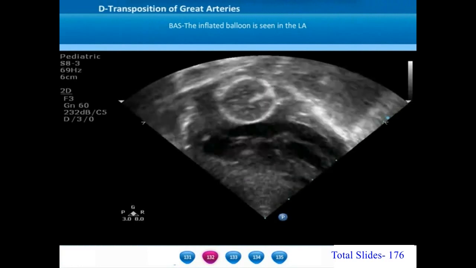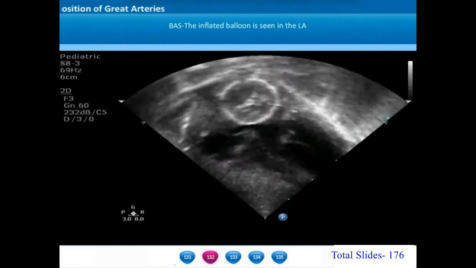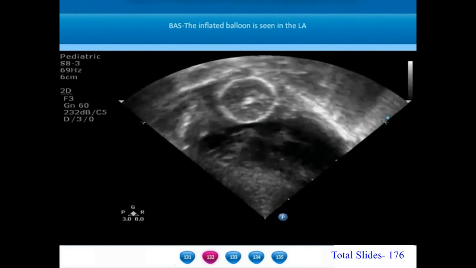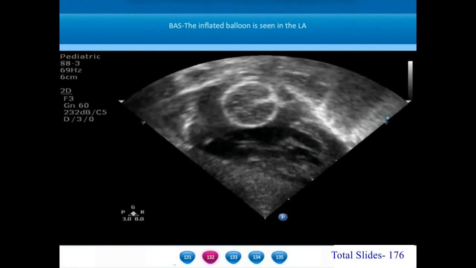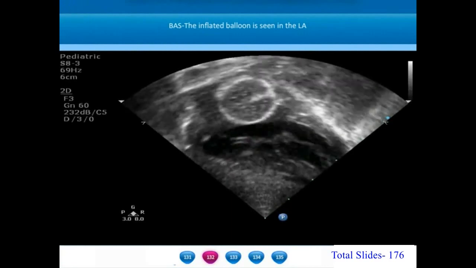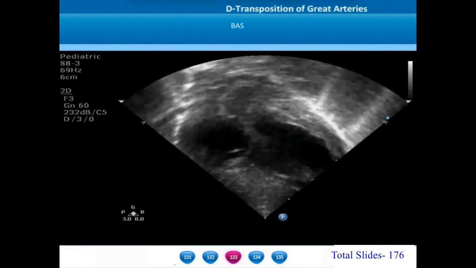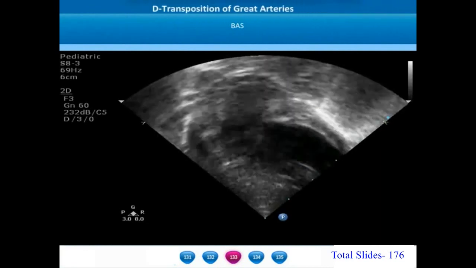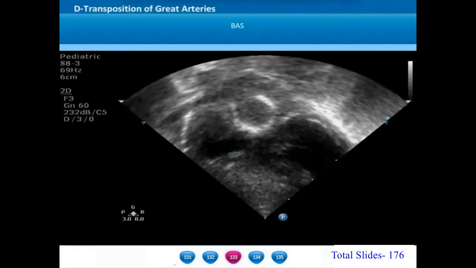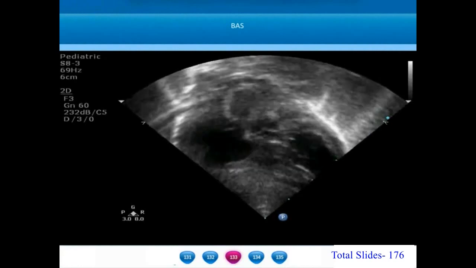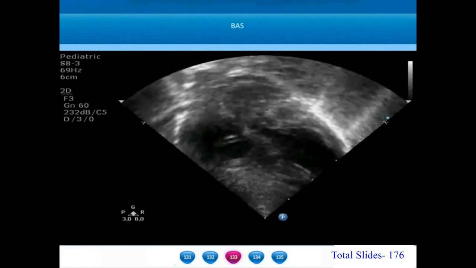Once the catheter is in position, the balloon is inflated to its full diameter and the inflated balloon is confirmed to be in the left atrium before it is being pulled back into the right atrium. Once the balloon position is confirmed to be in the left atrium, it is quickly pulled back into the right atrium and the inferior vena cava so that the septum is torn.